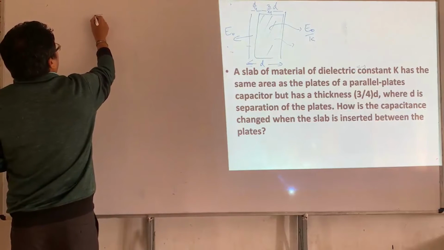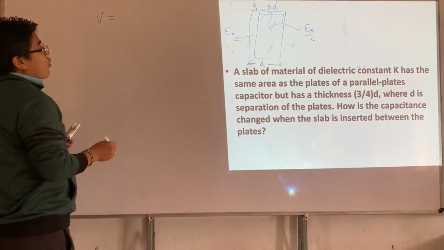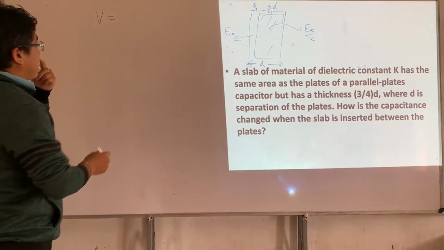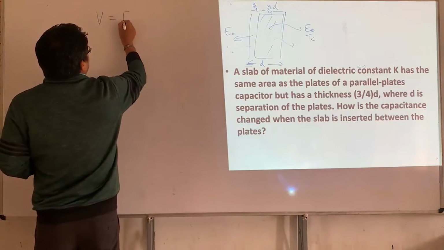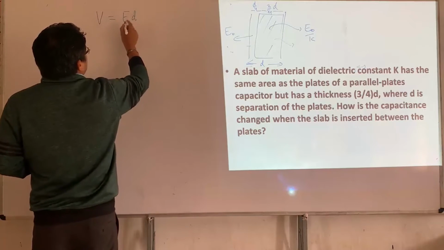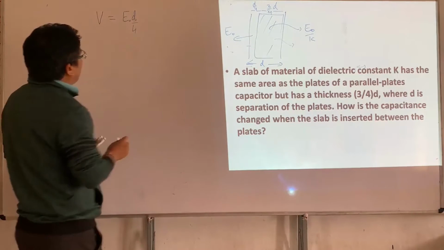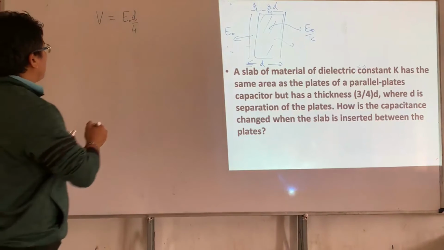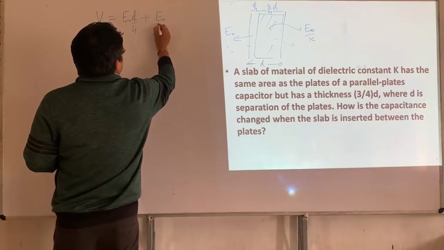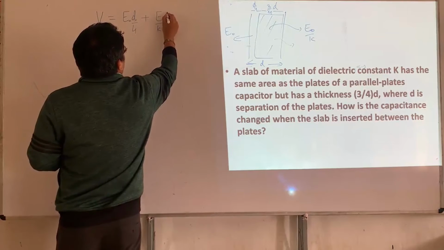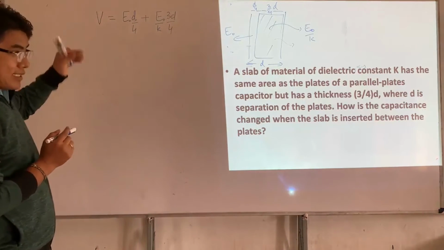So the total potential would be equal to, without the slab, this potential is given by E into D. Here the gap is D by 4, plus this is K and 3D by 4. This is the total potential.